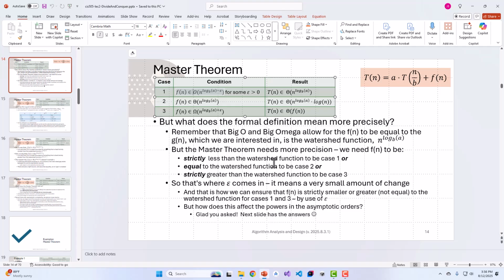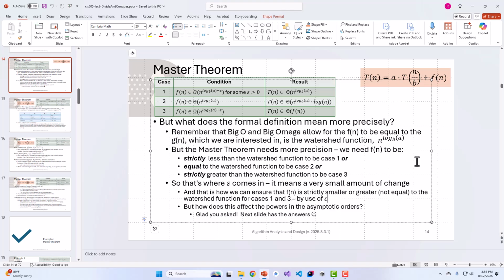So the Master Theorem needs us to have f of n strictly less than the watershed function in case 1, or equal to it in case 2, or strictly greater than it in case 3. We can't leave it up to chance. So that's where that little epsilon comes in. It means a very small amount of change. And that's how we ensure that f of n is strictly smaller or greater, not equal, to the watershed function for cases 1 and 3.